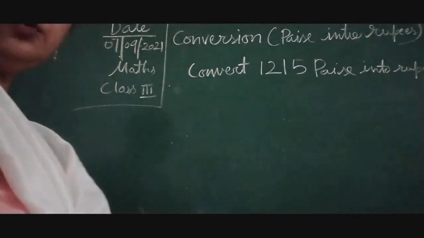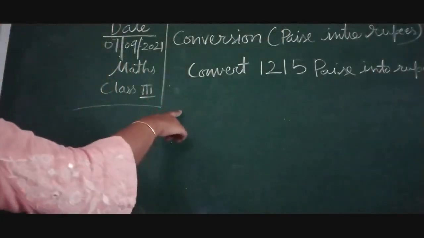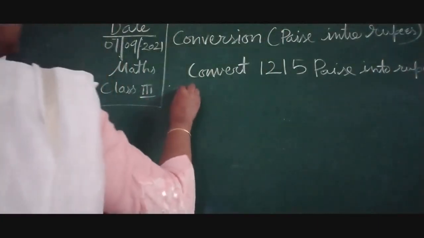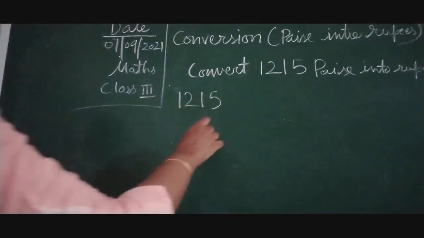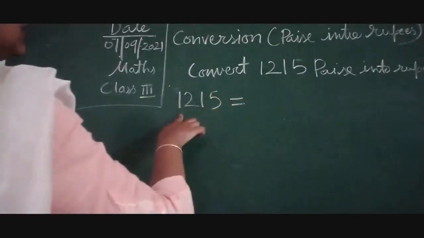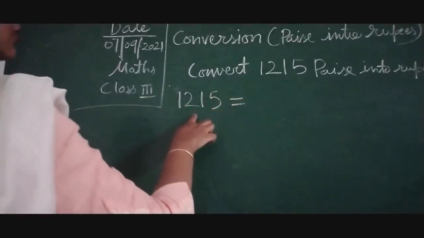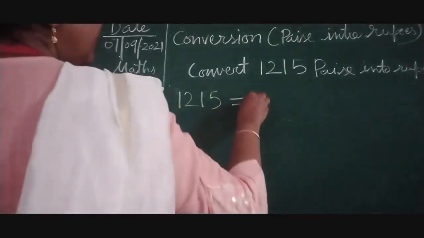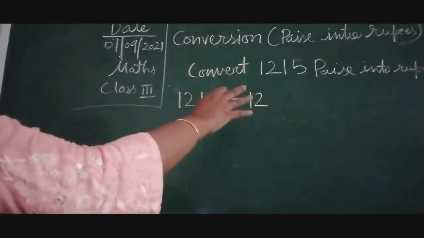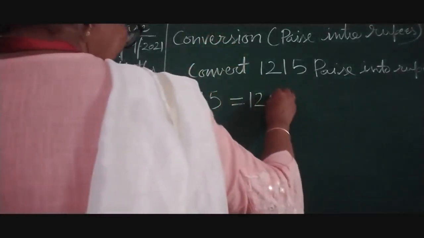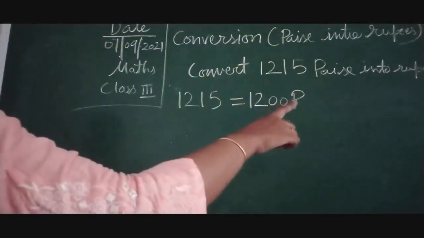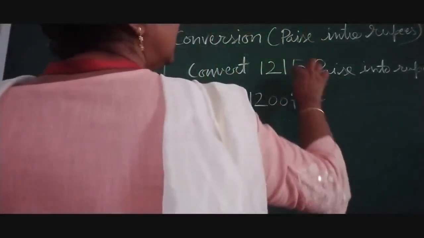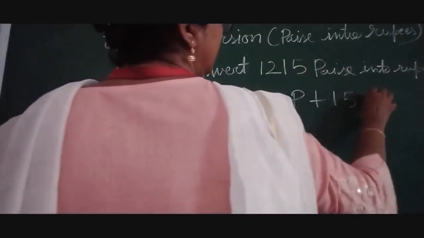So what will we do? First we will write 1215 over here. Now we see this is 1200 and 15. So we will write 1200 paise plus 15 paise.